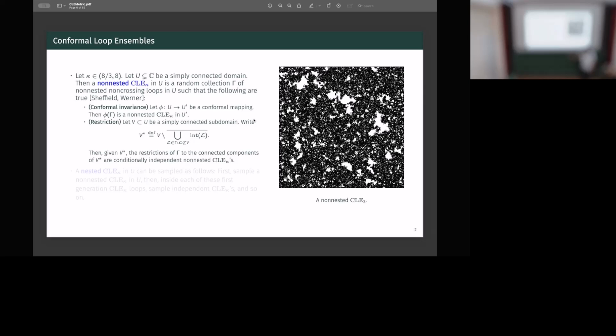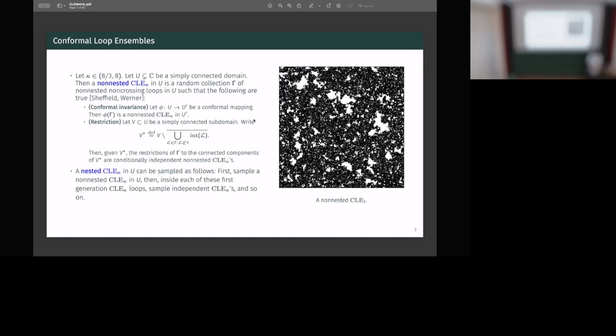If you remove all the points that are surrounded by these loops, there will be some region left. There will actually be infinitely many connected components of this region left. The loops contained in these regions are CLEs in these domains. And in different parts, they are independent. So this is the restriction property.